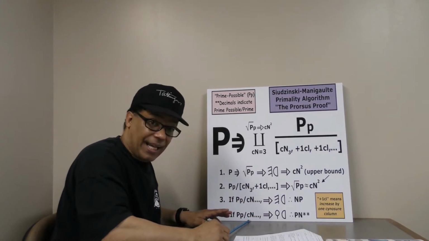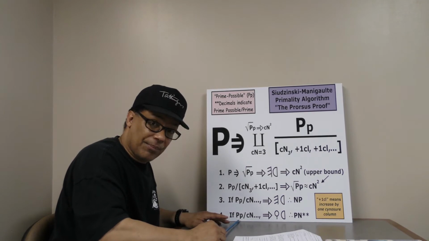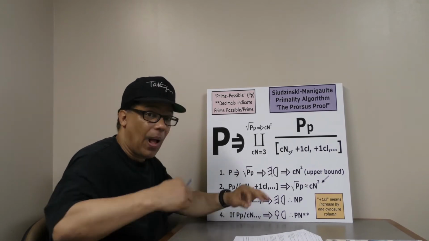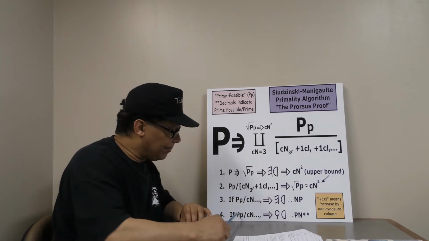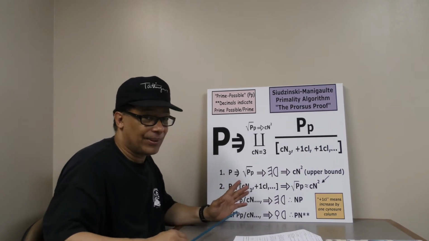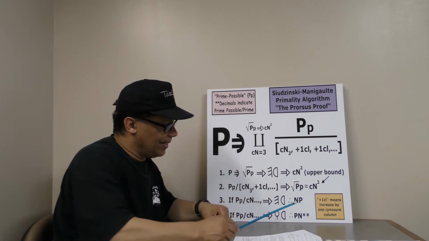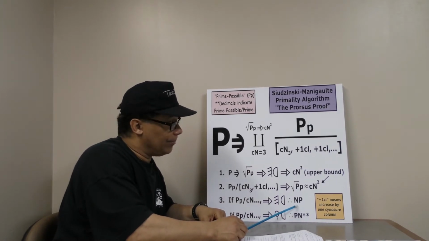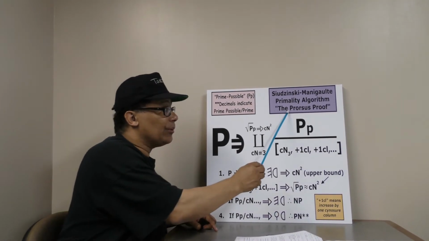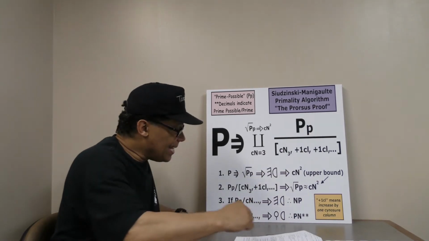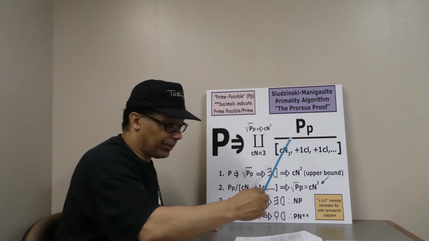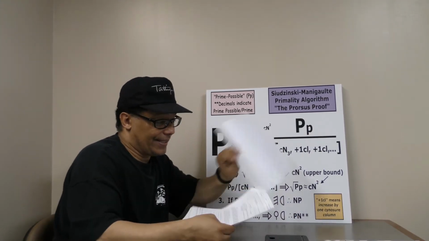If this cynosure number divides into the prime possible, then it is a multiple of the prime possible, and a prime possible that has multiples other than 1 and itself. Those are non-prime numbers. So the process proof is a lot simpler than this AKS primality test.